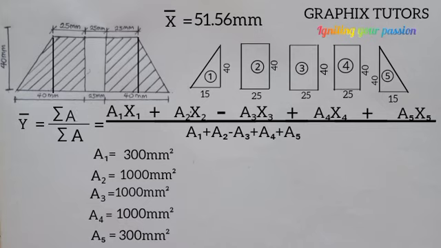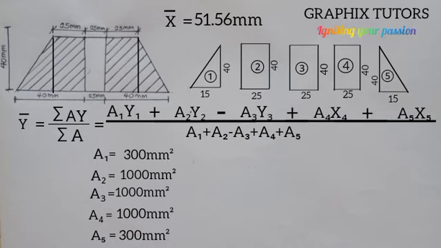So I'm going along y-axis, so it will give us the summation of ay over summation of a, and this will be a1 y1 plus a2 y2 plus a3 y3. Then, instead of a3 y3 being plus, it will be minus a3 y3, is that taken? Because for that part a3 there's a hole there, so you have already extracted, removed that part of it.